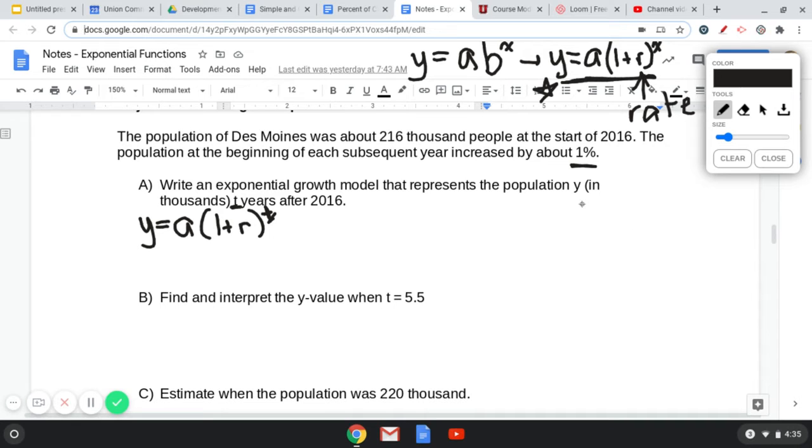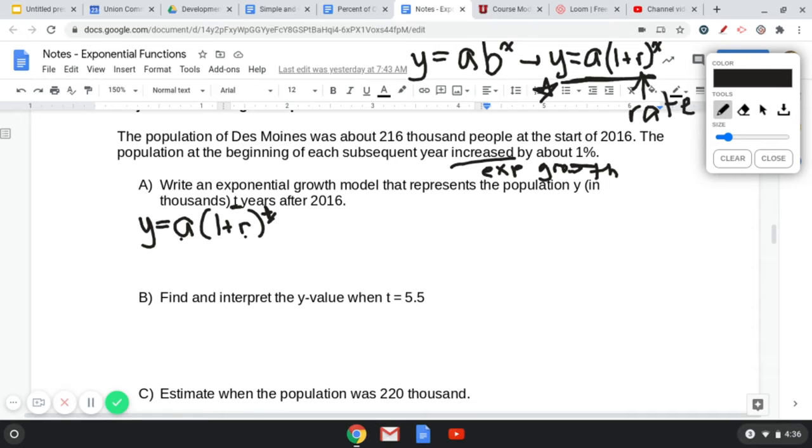Now, first, figure out, is this exponential growth or decay? Is our population increasing or decreasing in Des Moines? We increase, so this is exponential growth. Now, we need to figure out what this a value is and what this r is, and then what our y and t mean.